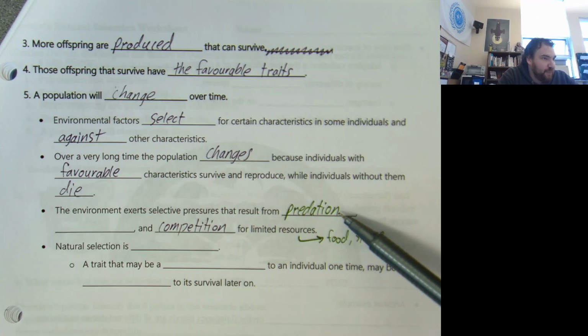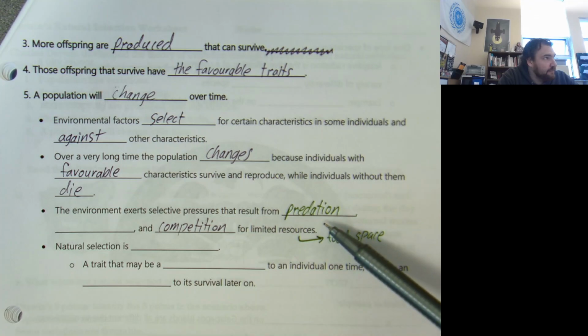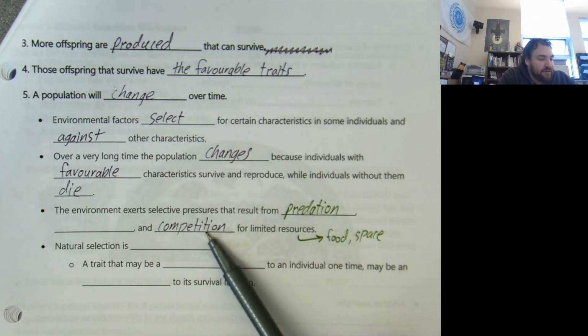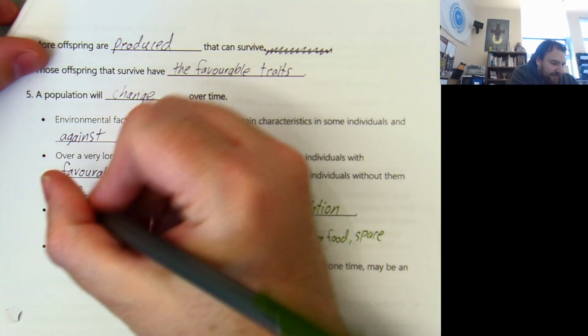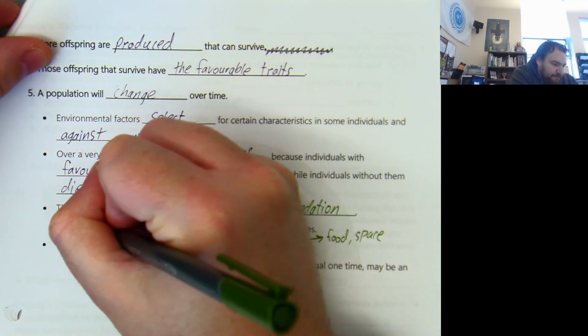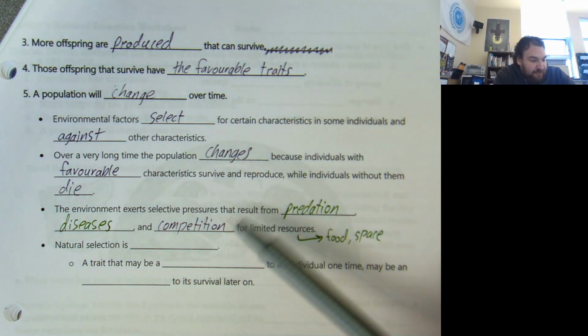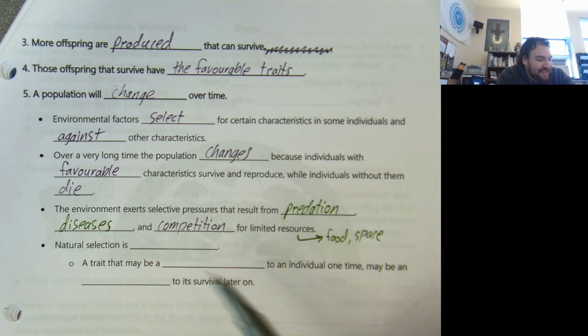The rabbit is white. Those kinds of adaptations make it easier for you to survive being hunted. These are the adaptations that allow you to hunt better. And this blank right here is disease. The environment exerts selective pressures that result from predation, diseases, and competition.